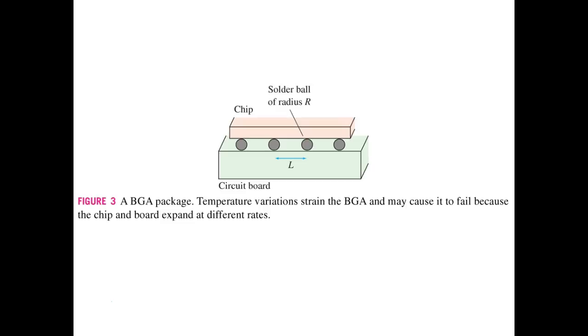According to one model, the average number N of cycles before the chip fails is, and this is where the problem begins, N is equal to 2200 times capital R, which is the radius of those solder balls, divided by L times D.